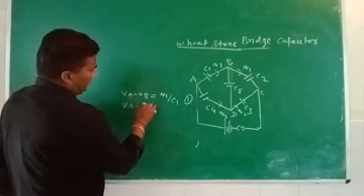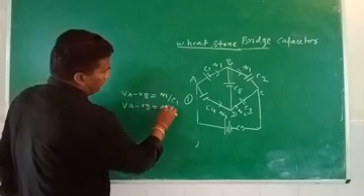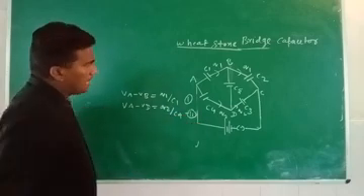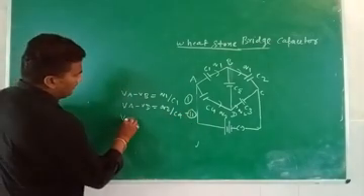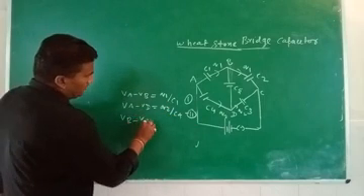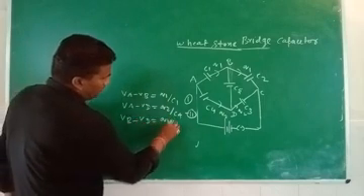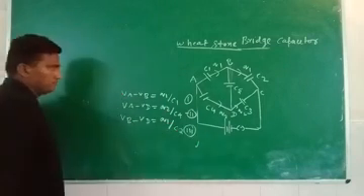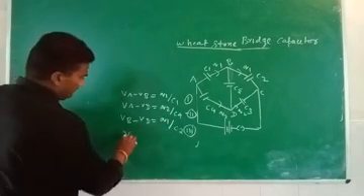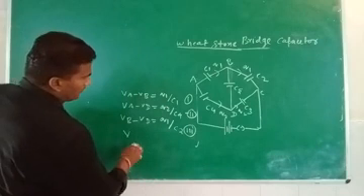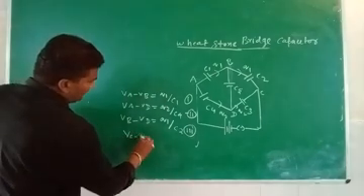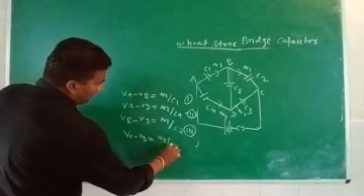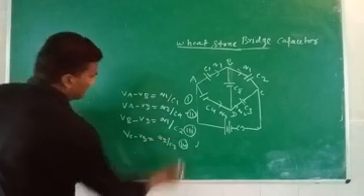VA minus VD is equal to Q2 by C4, equation 2, and we identify the potential difference VB minus VD is equal to Q1 by C2, equation 3, and the new relation formed is VC minus VD is equal to Q2 by C3, equation 4.